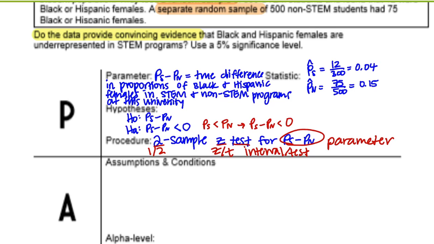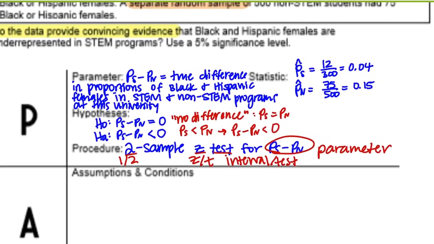So hopefully that helps. And then for our null, remember, we always have an equal sign. We always have the same number as our alternative. And null is always no difference anyway. And so no difference means p_S equals p_N. Also, they're the same.